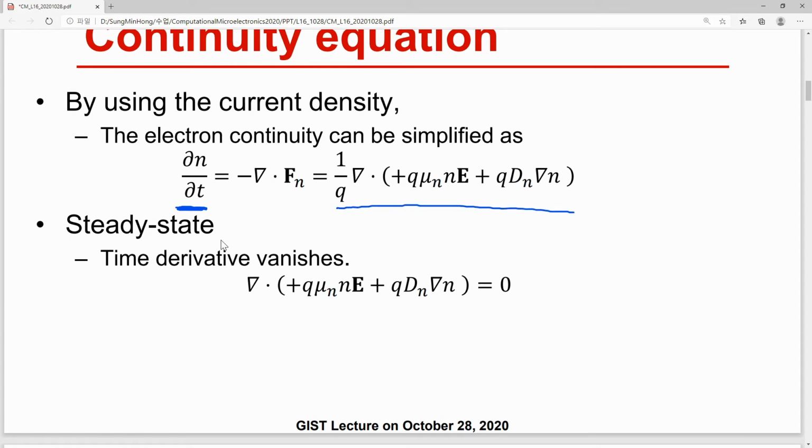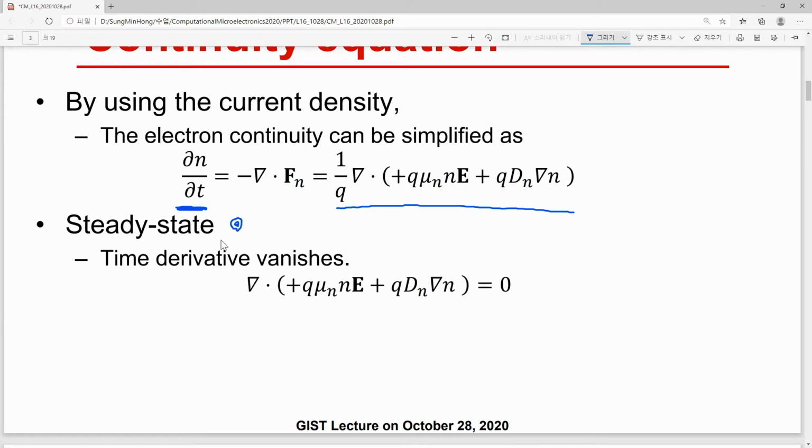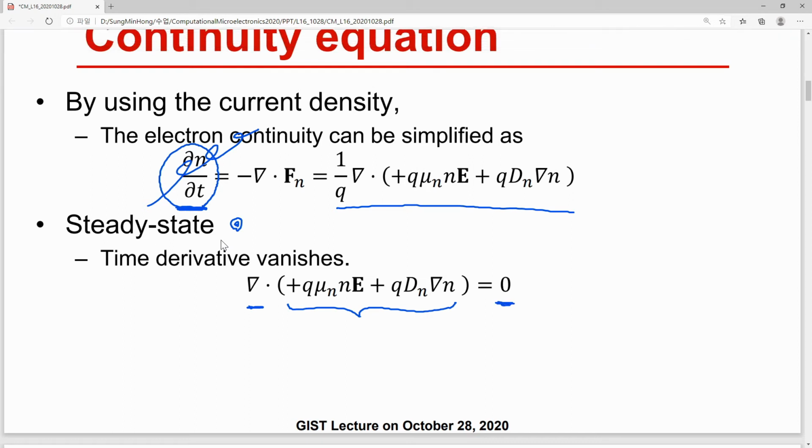And in many cases, we are talking about the steady state solution where every time derivative term goes away. Then our task becomes drastically simplified. We can just solve that the divergence of this complicated expression should vanish. That is the combination of the electron continuity equation and the expression for electron current density.